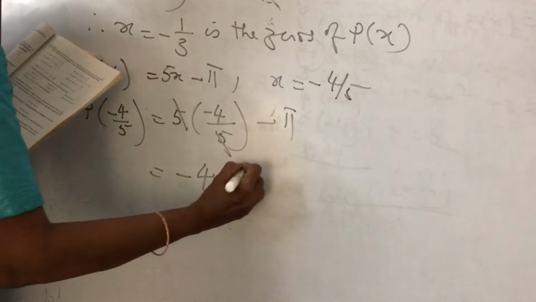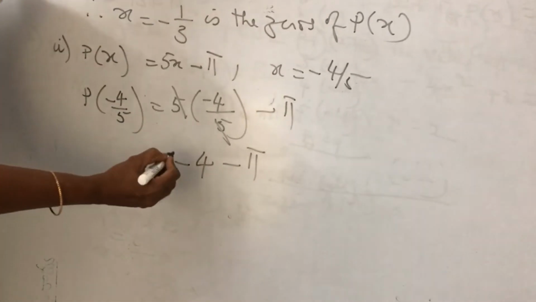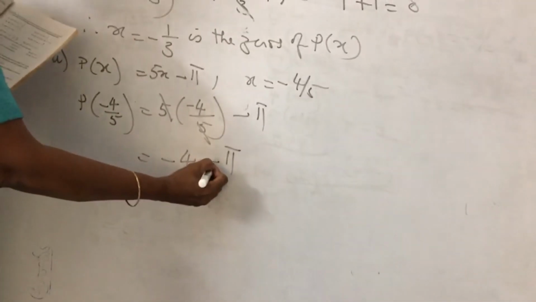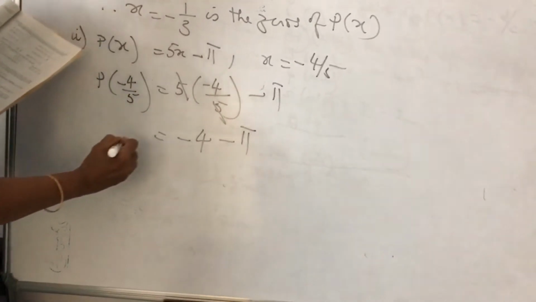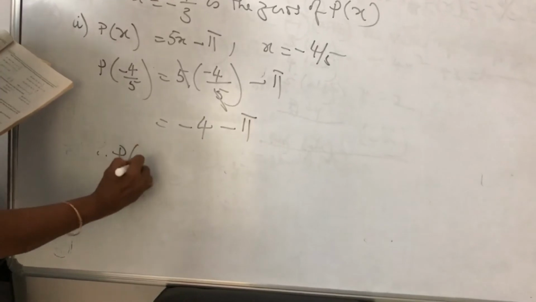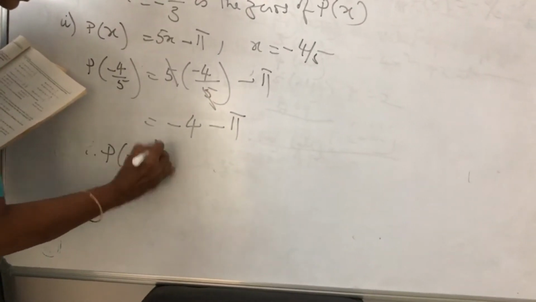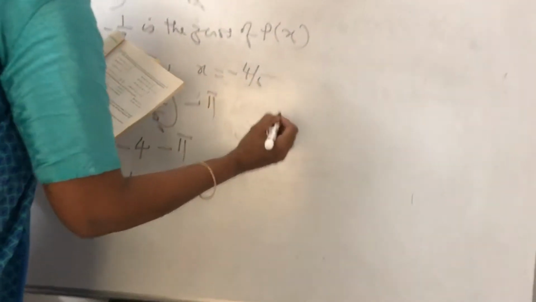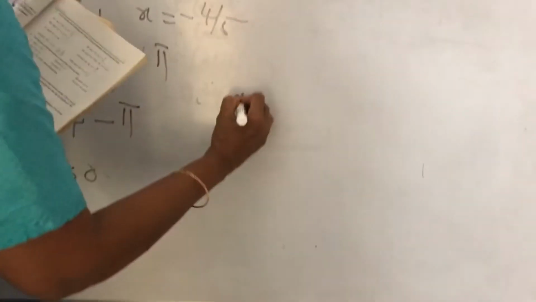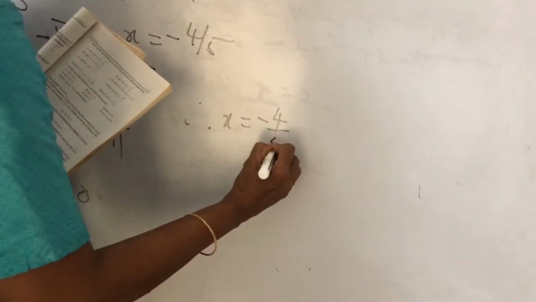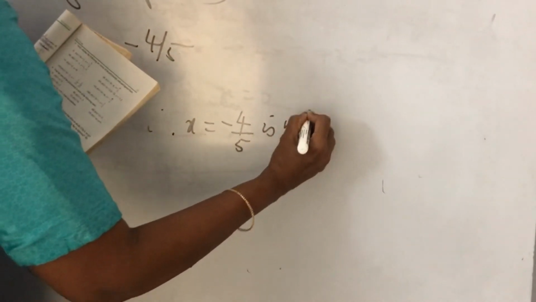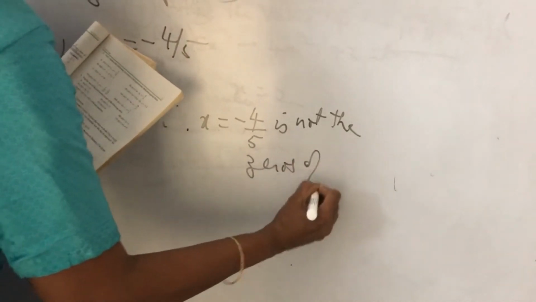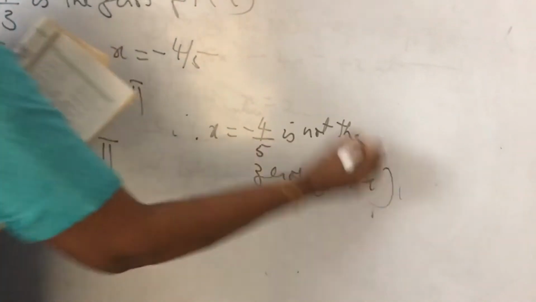Minus 4 minus pi. You cannot add these two numbers, children. You cannot add minus 4 and minus pi. These two are different. Therefore, P of minus 4 by 5 is not giving you 0. Hence, x is equal to minus 4 by 5 is not the zero of the given polynomial.